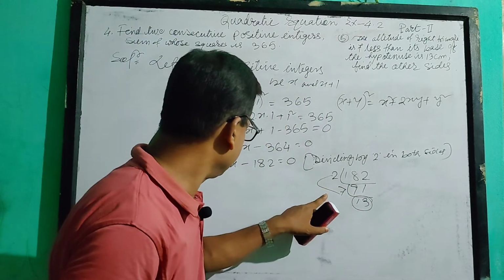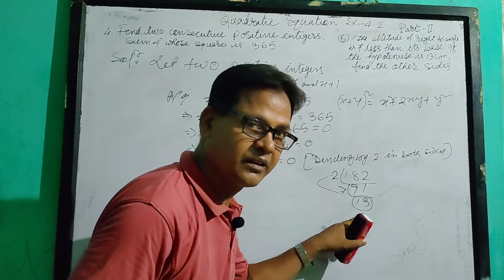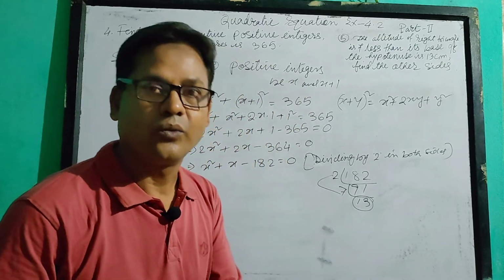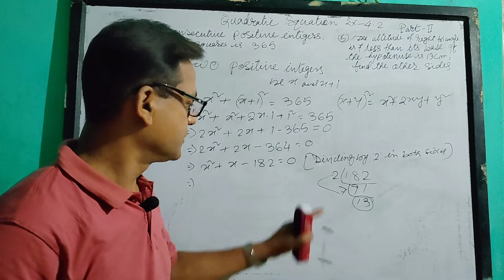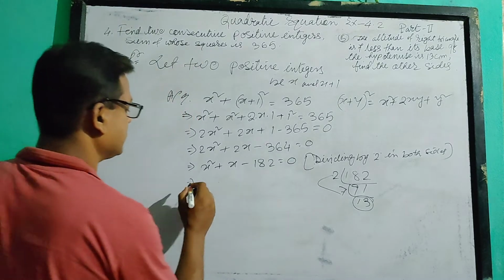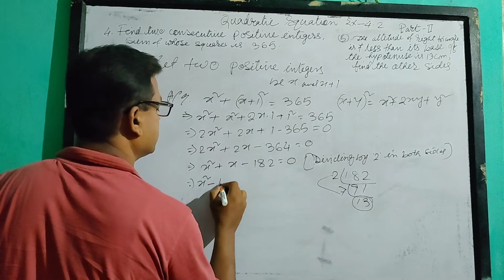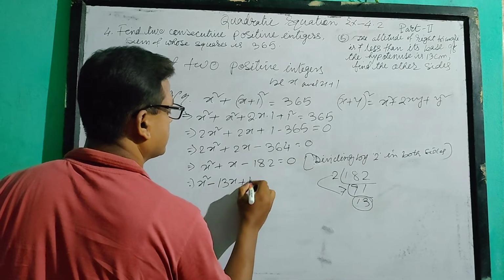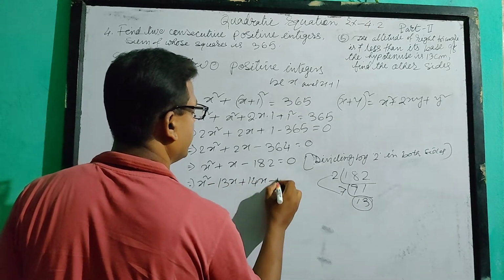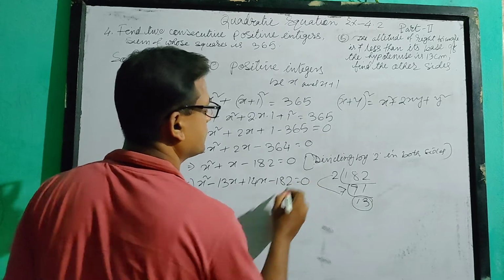Plus 14 minus 13 gives 1x. So we'll take it like this: x square minus 13x plus 14x minus 182 is equal to 0.